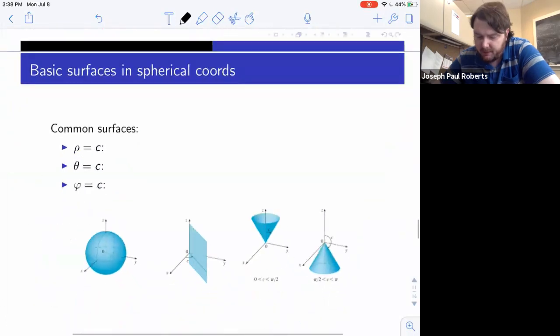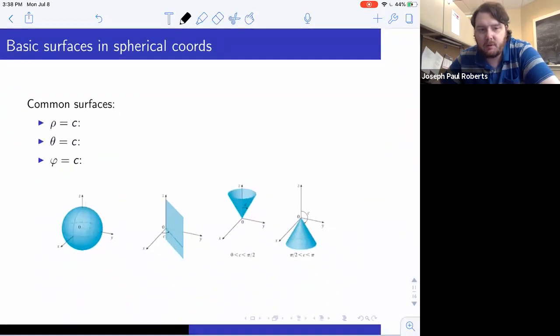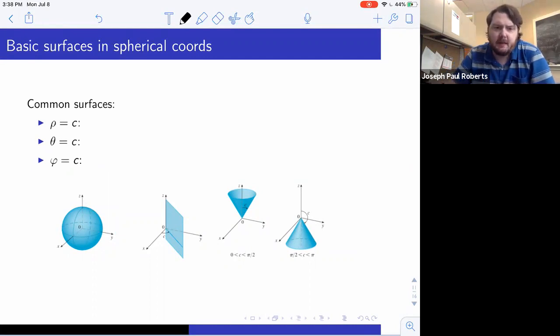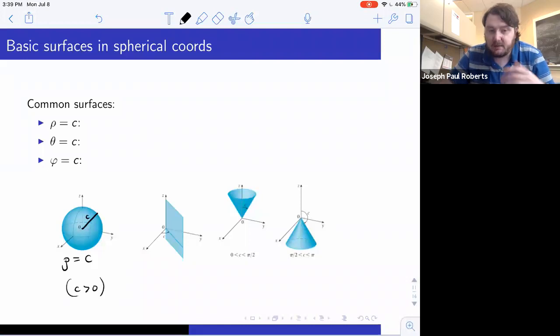So it can be handy to think about what different variables equal to a constant are. In cylindrical, if r is a number, you get a cylinder around the z-axis. If z is a number, you get a horizontal plane. If theta is a number, you get a half plane touching the z-axis. So that's essentially what happens here. If you think about the surface rho equals some number c, assuming c is bigger than 0, you get a sphere with that radius centered at the origin.